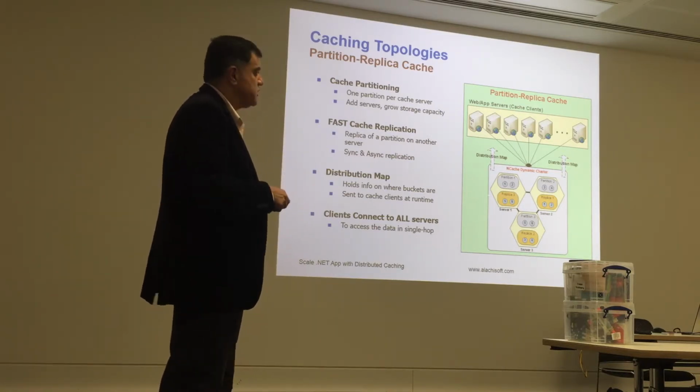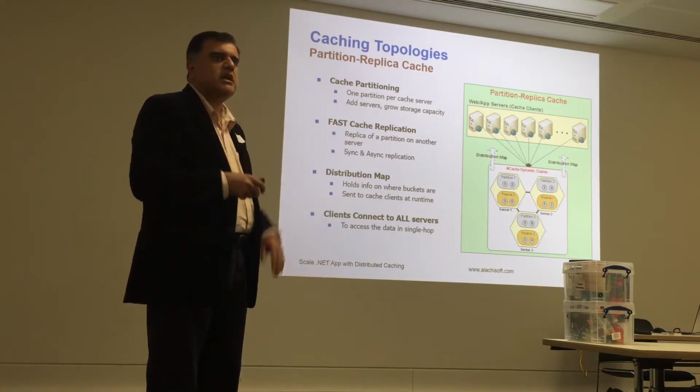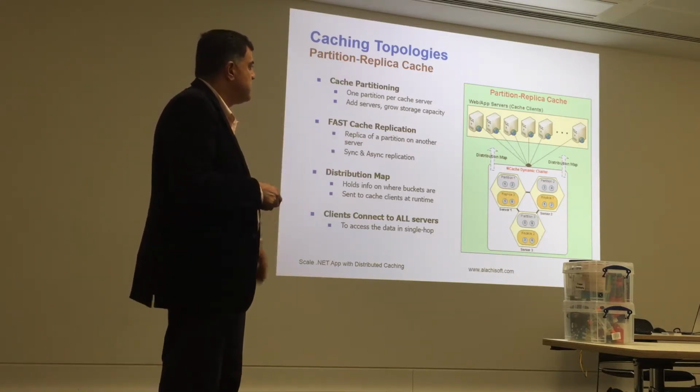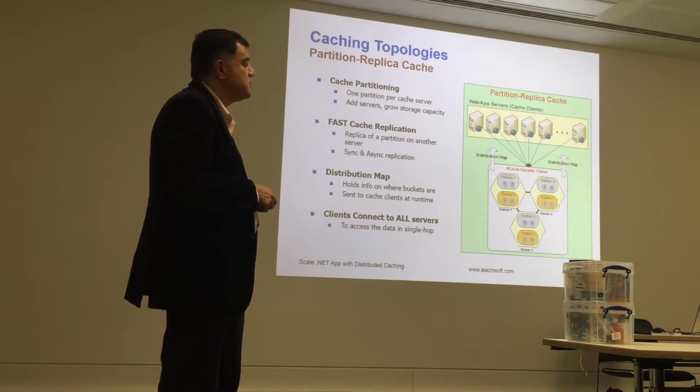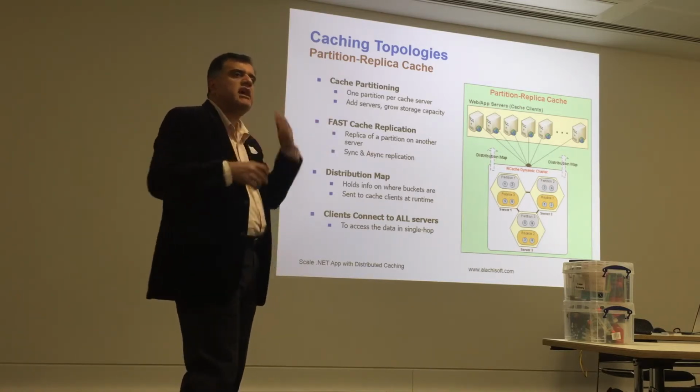Replica 3 becomes partition 3, but now you have 2 servers and 3 partitions, which is not right. So it will merge itself with partition 1 and 2. Once it does that, then a new replica of partition 2 will be created here. All of that's going to be done at runtime automatically behind the scenes for you.